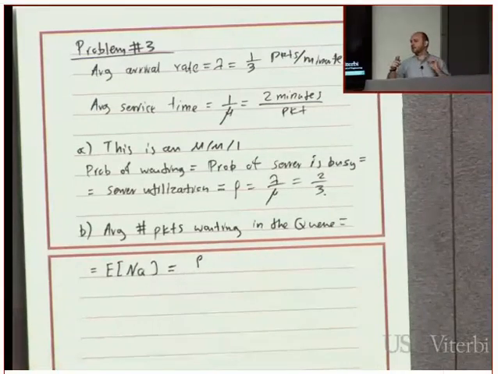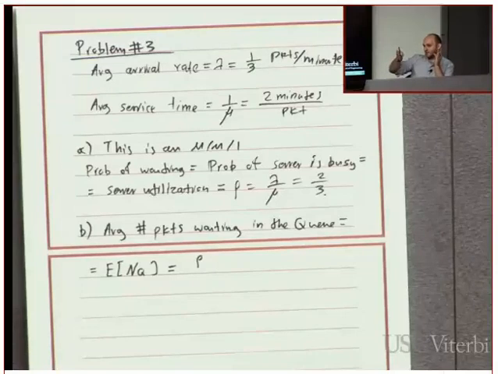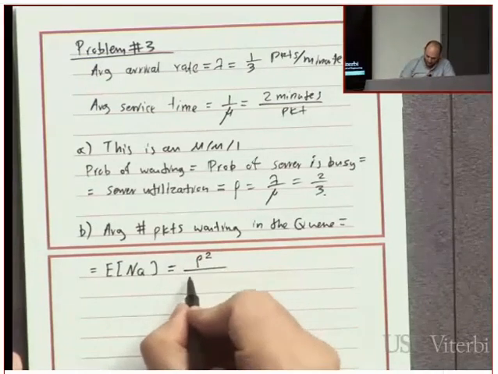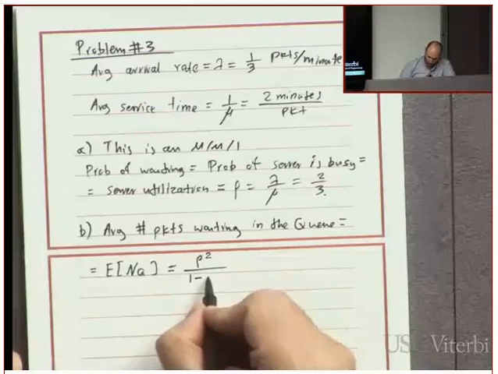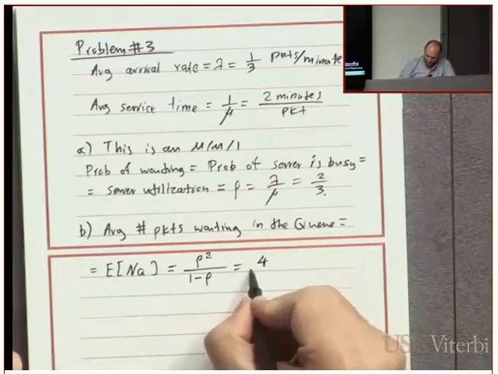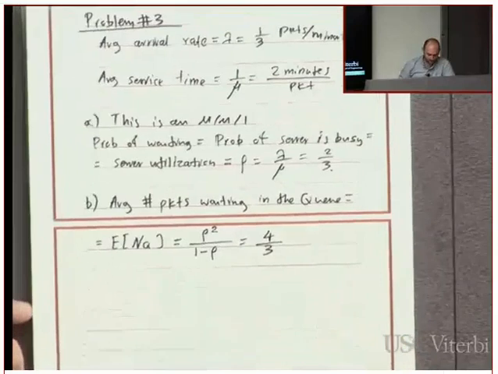Somebody said lambda squared and so on. If you define rho as lambda over mu, which is the case here, you can see many variations of the same form, whether it uses lambda or rho. So I'm going to give you the rho-based formula, which is rho squared over 1 minus rho, and this gives 4/3. But feel free to use any other form if you know.